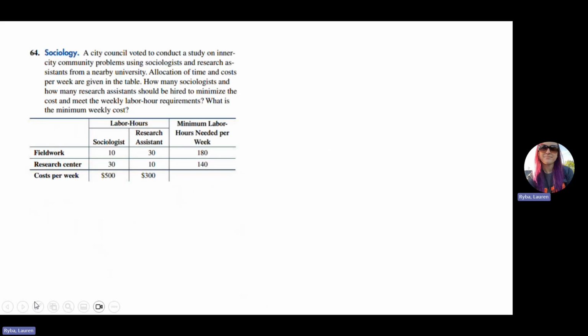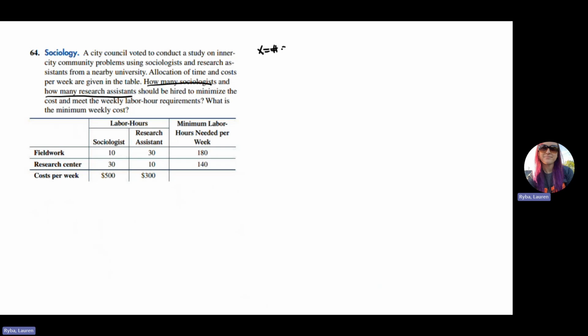A city council voted to conduct a study on inner city community problems using sociologists and research assistants from a nearby university. Allocation of time and cost per week are given in the following table. How many sociologists and how many research assistants? So right there, that already tells me what X and Y is.